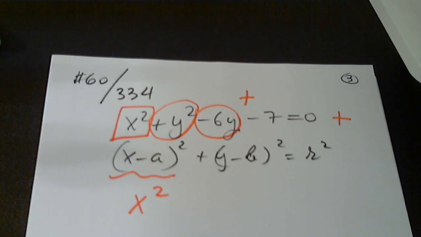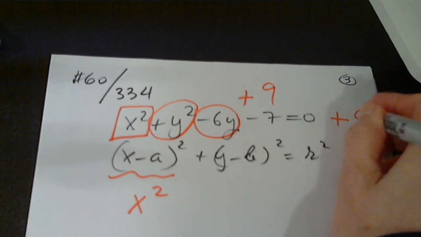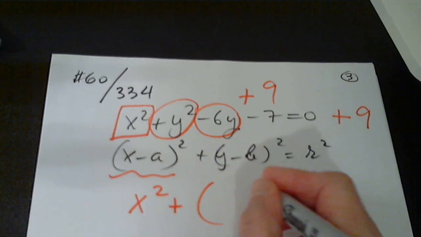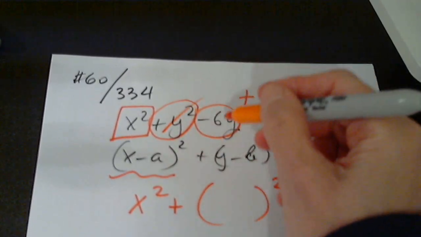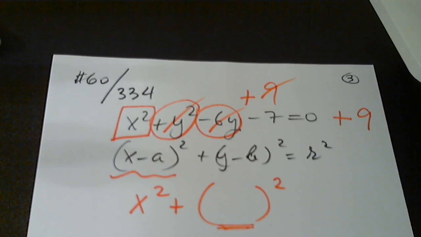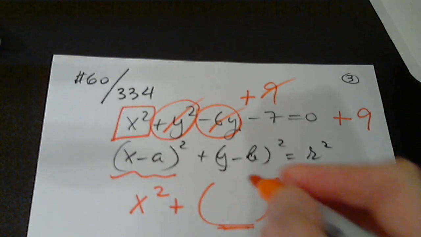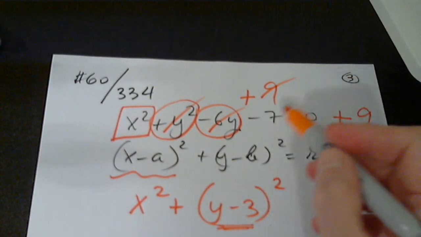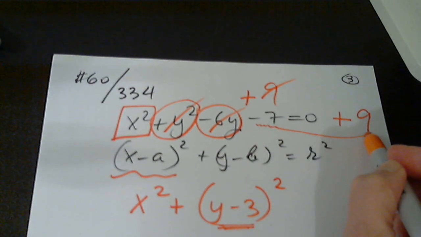When we square that number, we get +9. That's what I need. So now I have plus something squared. This, and this have to be here. Y minus 3. That's it. I have to move -7 to the other side.